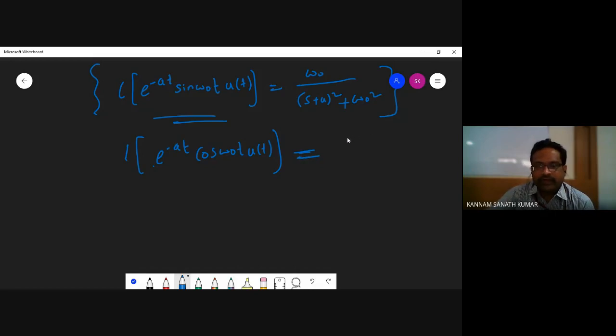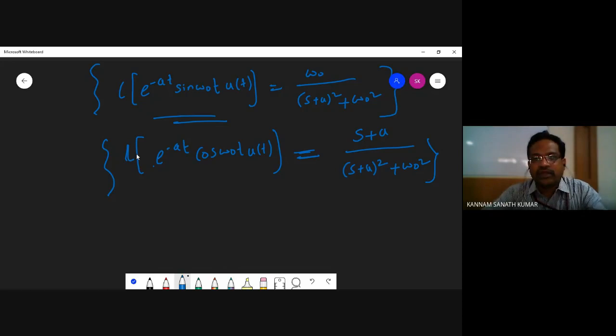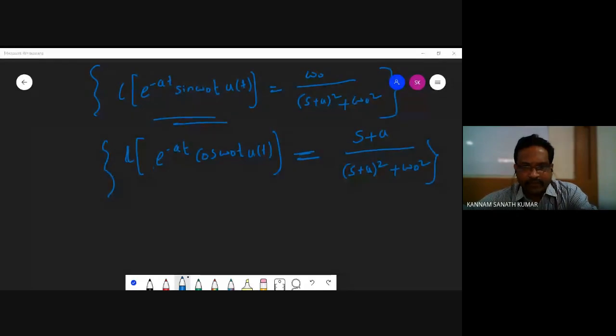If you calculate, you will get s plus a. For sin omega naught you get omega naught, for cos omega naught you get s plus a divided by s plus a whole square plus omega naught square. That you can do as your practice. So the Laplace transform of e power minus at cos omega naught t u of t is s plus a by s plus a whole square plus omega naught square. This is how we need to calculate the Laplace transform of some functions.